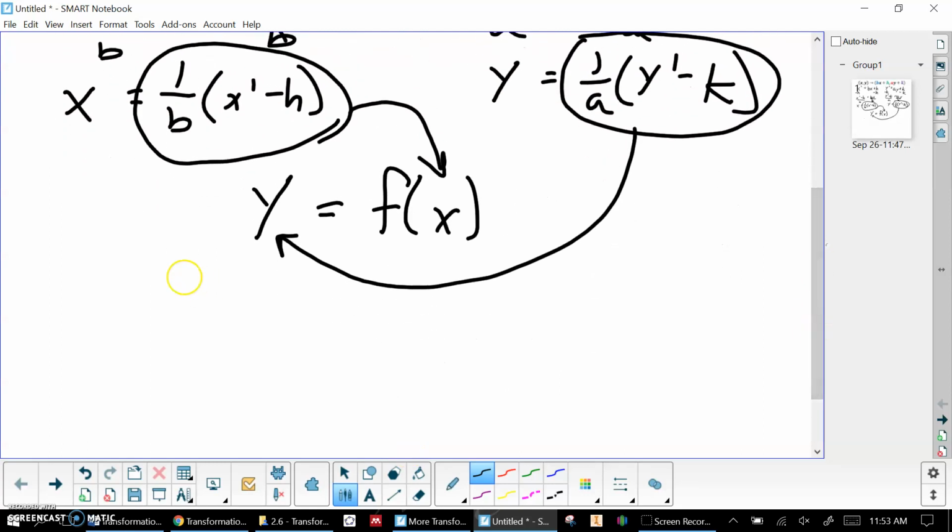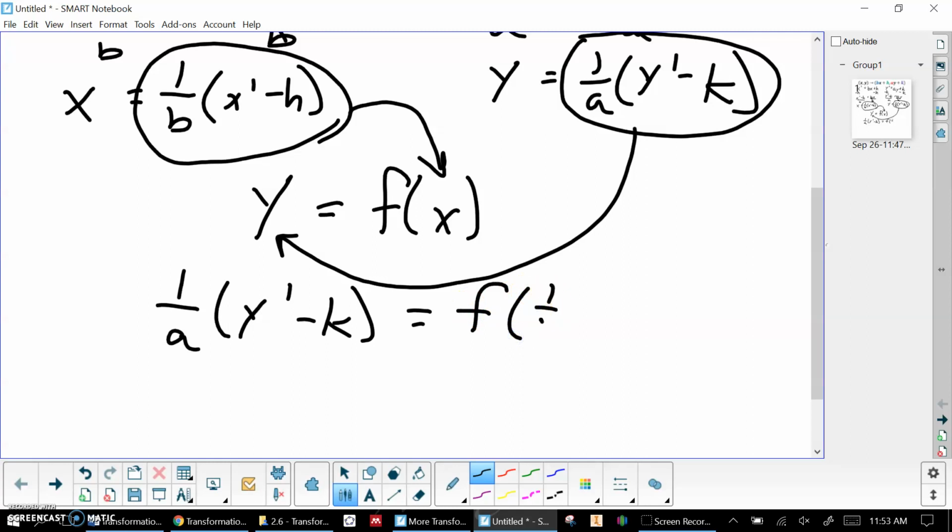At this point, we'd have the equation 1 over a times y prime minus k equals f of 1 over b times x prime minus h. Written this way, both of these variables have that inverse relationship. Even though 1 over a is the multiple out front, a is the dilation factor. Even though 1 over b is the multiple inside, b is the dilation factor.